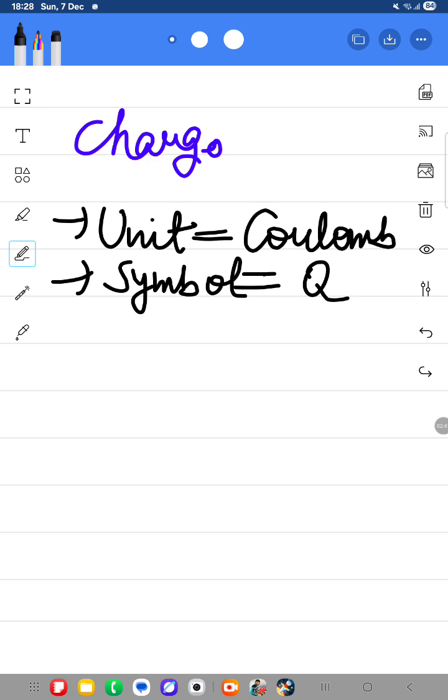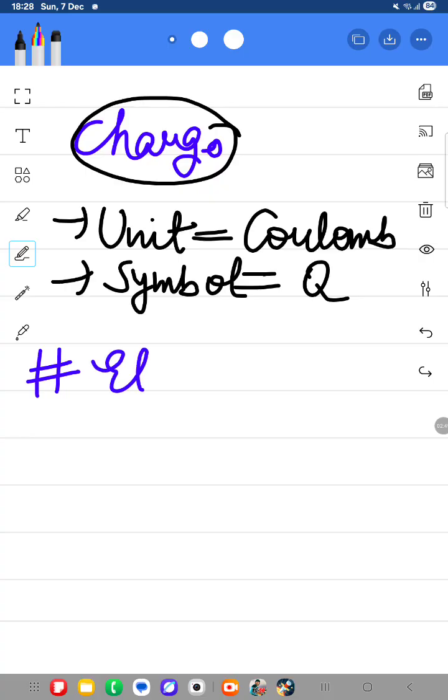Now we are going to understand the next thing in our chapter, that is what is electric current.